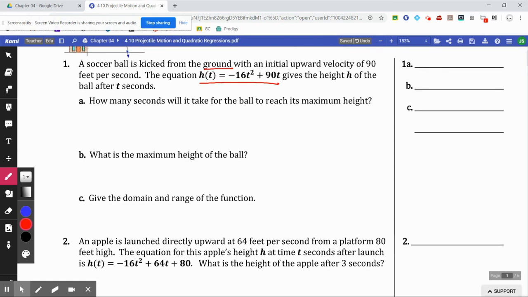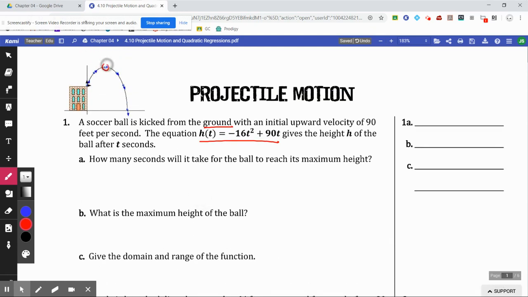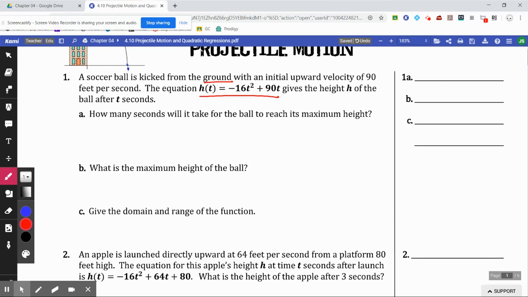How many seconds will it take for the ball to reach its maximum height? Anytime you're talking about a maximum height, that's going to be the vertex of that parabola. Since it's in this form, height is equal to negative 16t squared plus 90t, anytime you're looking for the highest or lowest point, you can use your negative b over 2a formula.